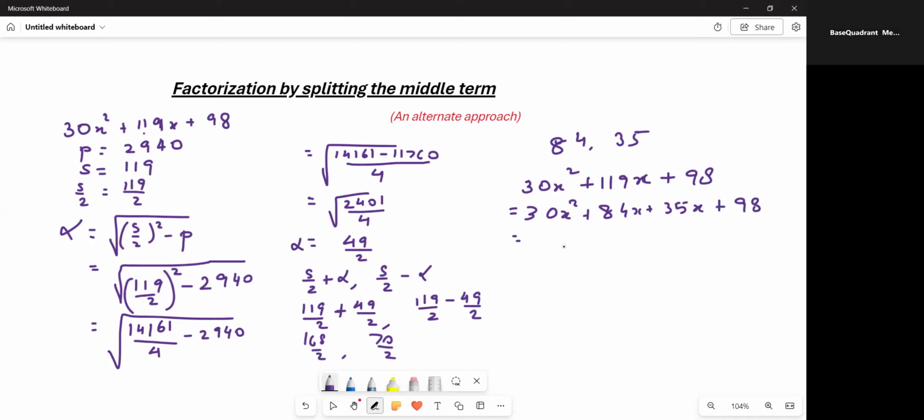Here the common factor is 6x, 6x into 5x plus 14 plus 7 into 5x plus 14. That is 5x plus 14 into 6x plus 7.